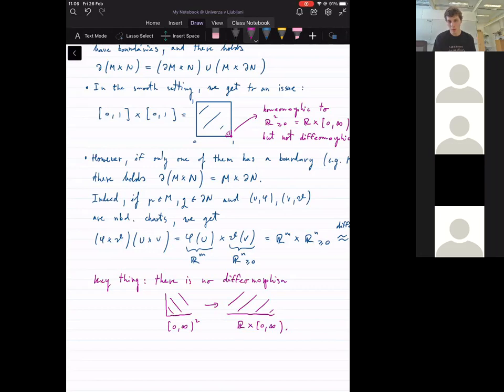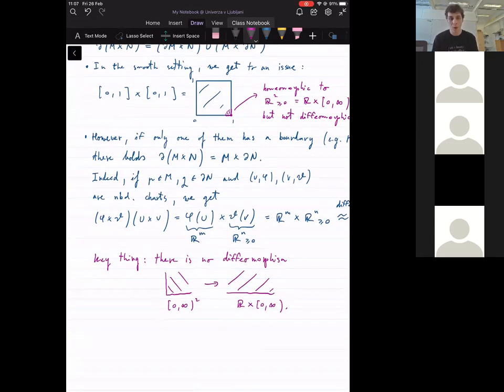You could have a path in R times [0, infinity) that reaches this boundary here, this line in the bottom, and its derivative would be nothing else but a one-sided limit instead of a both-sided limit, as we're used to in the context of open subsets in the Euclidean space R^n.